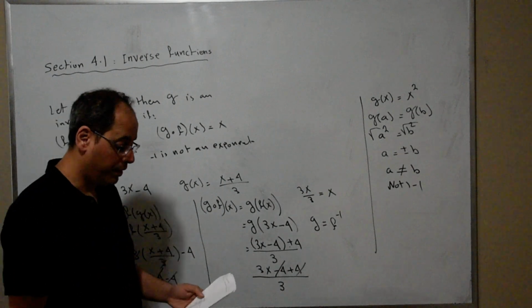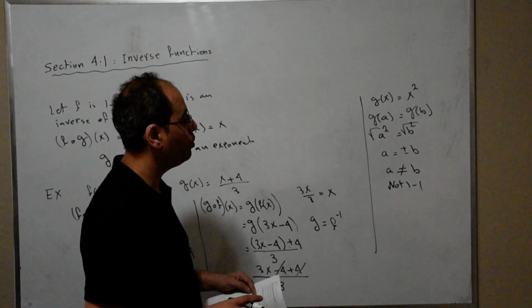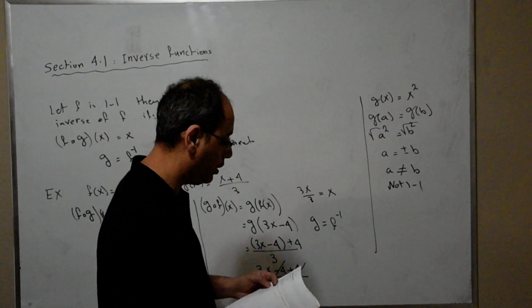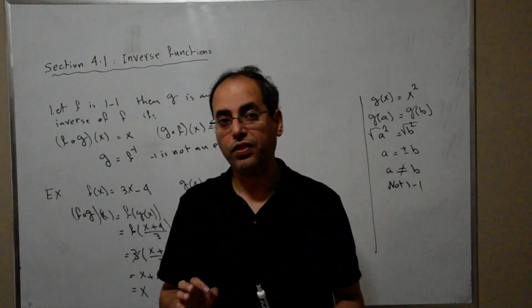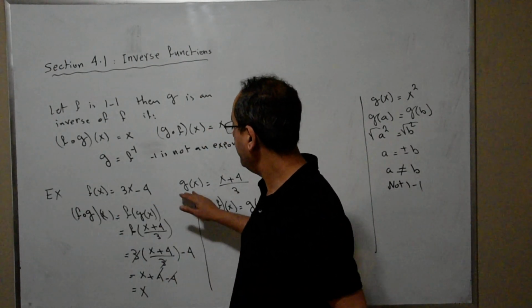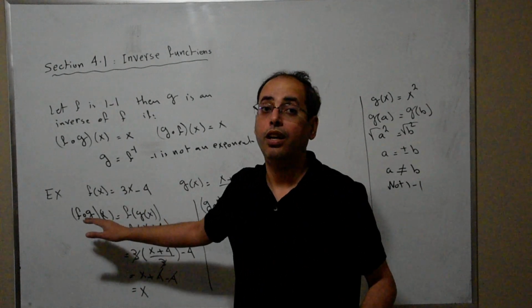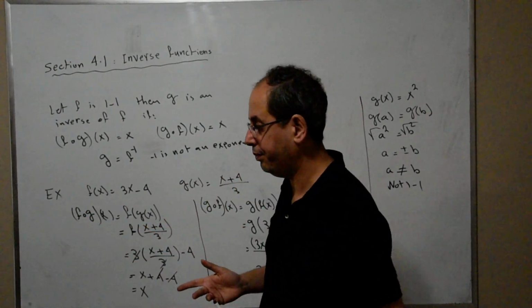Okay? I hope that this example is clear. And before going to another section, the next thing we're going to talk about: I know that g of x is the inverse of f of x, but how can I find the inverse of a function?